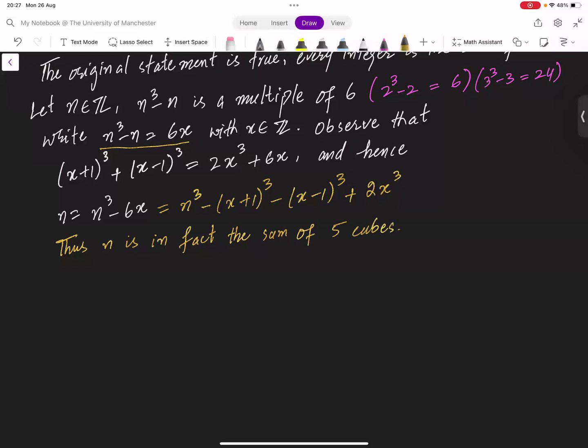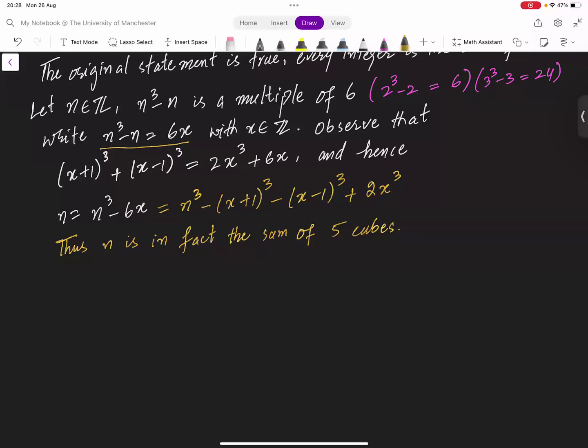Notice that it is crucial in this proof to allow negative cubes. If we insist on all of the cubes being non-negative, then the negation is true. It's not going to be equal. So for example, 23 is not the sum of 8 non-negative cubes.